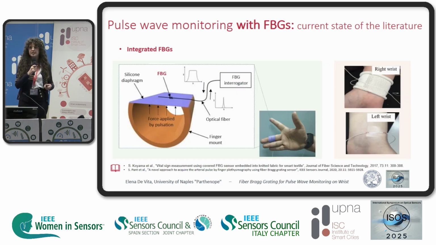To avoid this high risk of breakage, someone else proposed to integrate the FBG in a device like this ring, which has a flexible membrane, and the FBG is glued on the top. But this may not be suitable for all hand sizes.